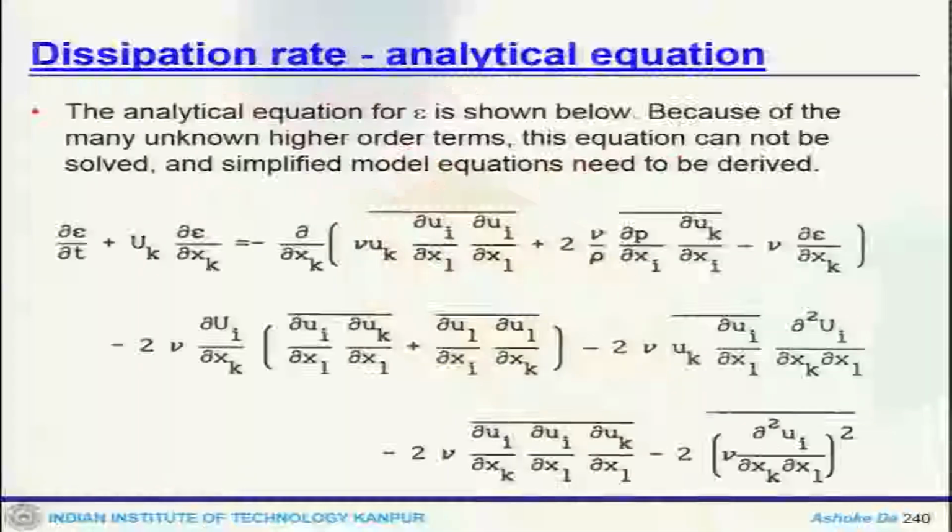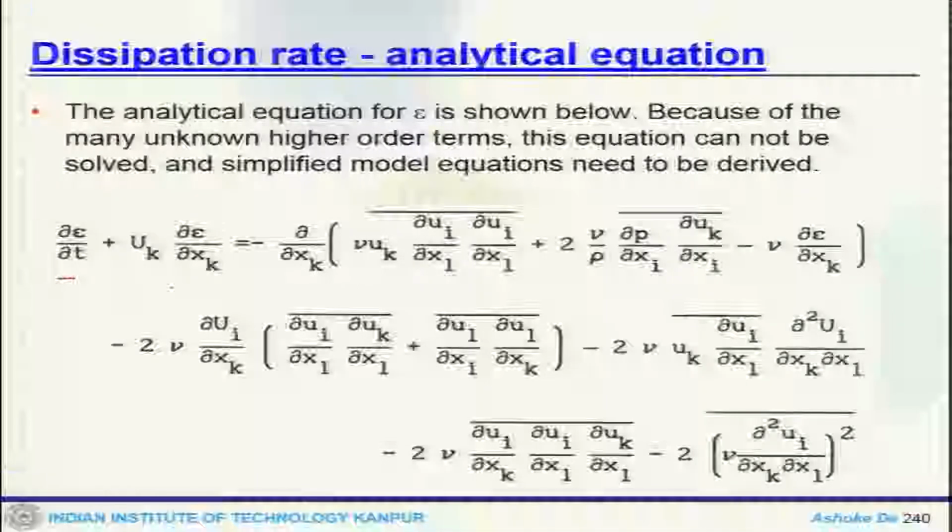Now, if you look at the complete expression for the epsilon equation, this is the analytical equation for the epsilon. Apparently it looks quite complicated and it cannot be solved that easily.